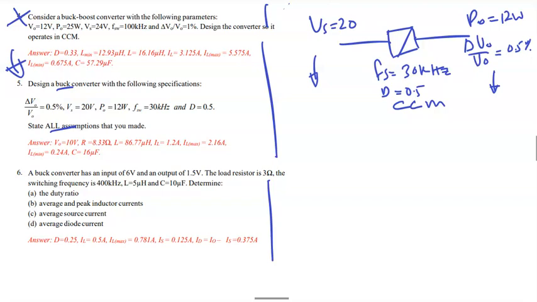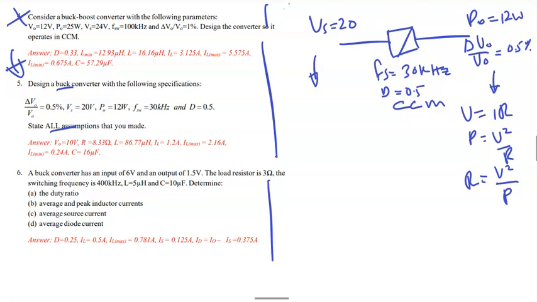So V is equal to IR, or P is equal to V square over R. So R is equal to V square over P. Okay, but still we have not obtained what is V out now.